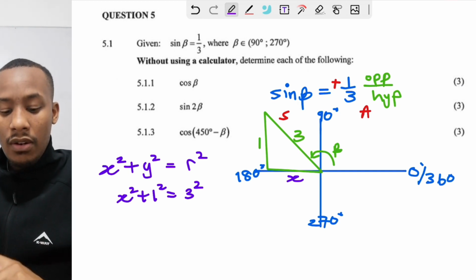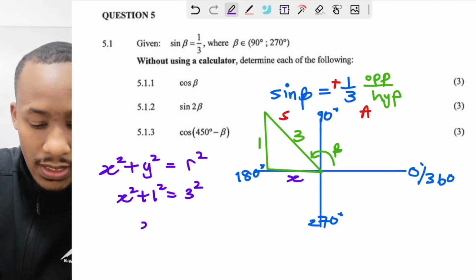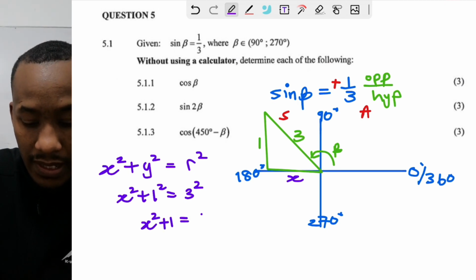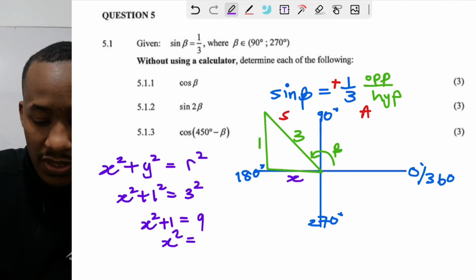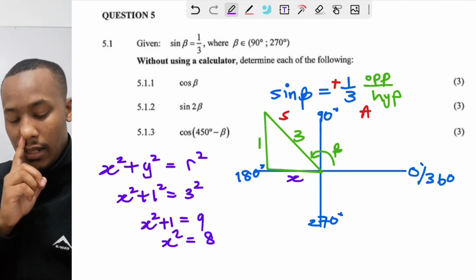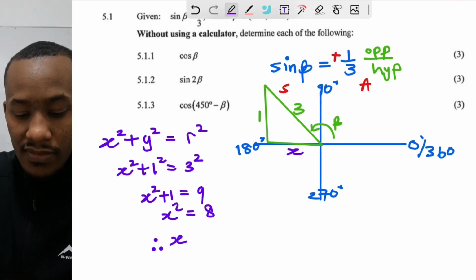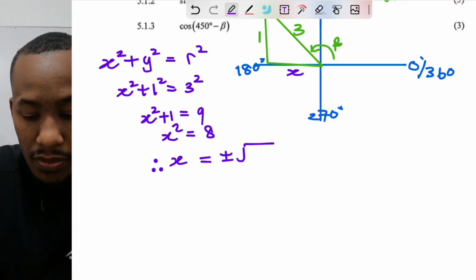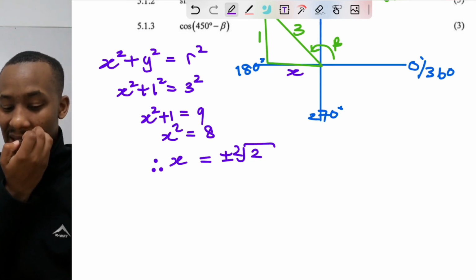Now let's solve for x. x squared plus 1 is equal to 9. Then subtract 1, x squared is equal to 8. Take the square root on both sides, and x will be equal to plus or minus the square root of 8, which is 2√2, by the way.